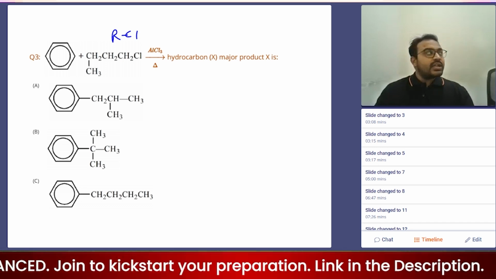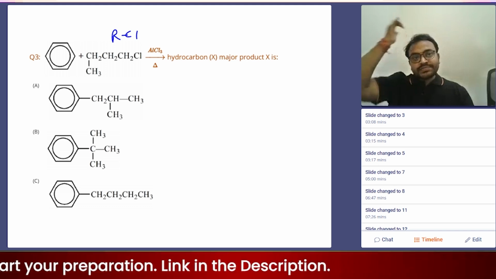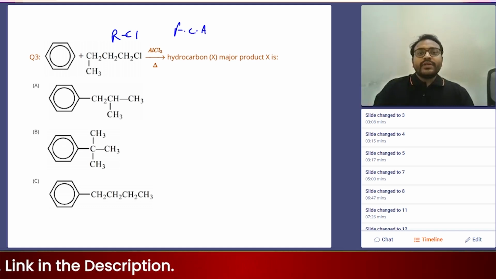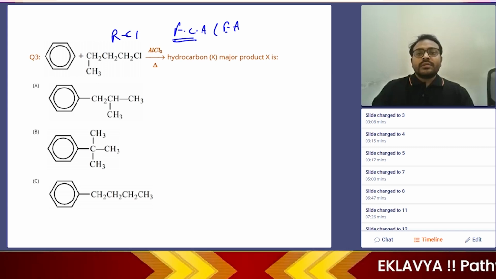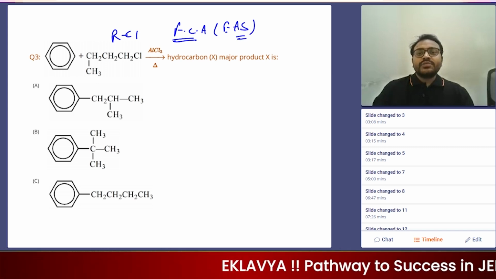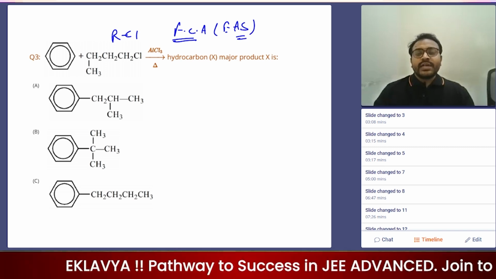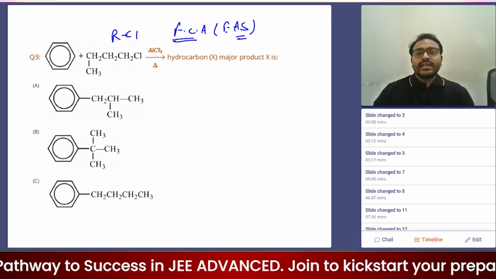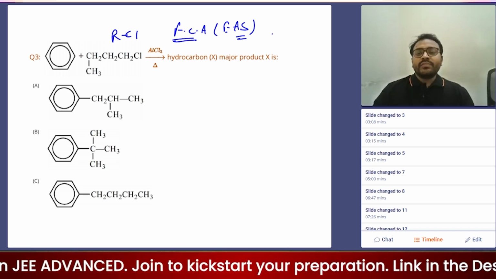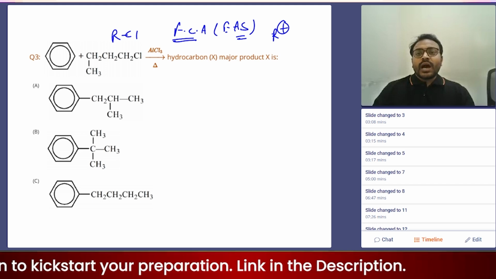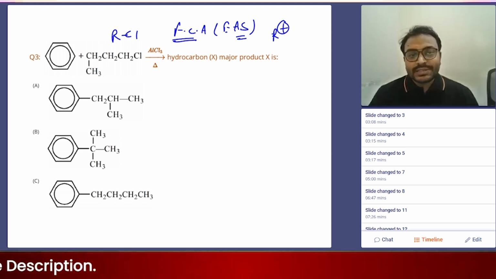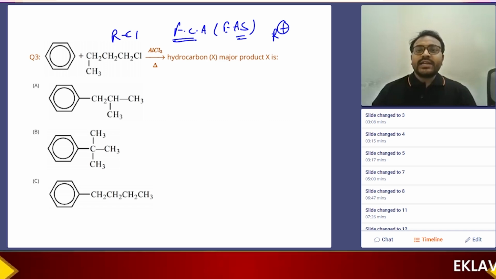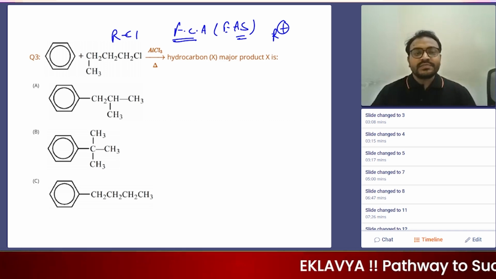This is the Friedel-Crafts alkylation reaction, an electrophilic aromatic substitution reaction. And we know that in Friedel-Crafts alkylation there is an intermediate formed that is called R plus. So R plus is a carbocation. The carbocation is the electrophile, and that electrophile will attack the benzene ring.